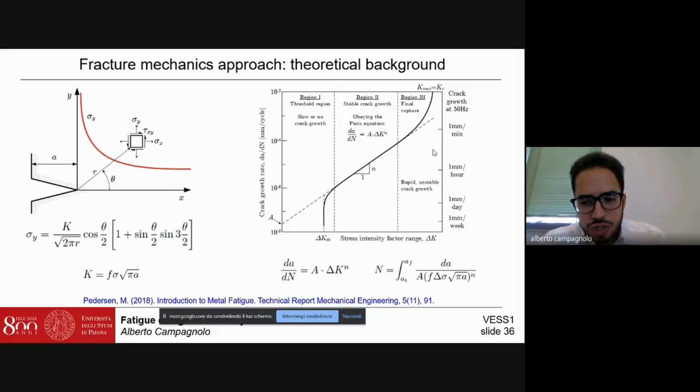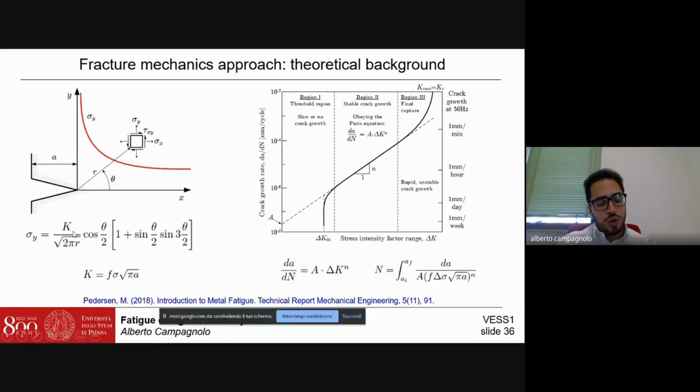The last approach is based on linear elastic fracture mechanics. When considering a crack, we know that the stress field ahead of the crack, far from the crack tip, tends to the nominal stress applied to the component, while close to the crack tip the stress tends to infinity. So we can no longer use the stress parameter to assess the fatigue strength of the component.